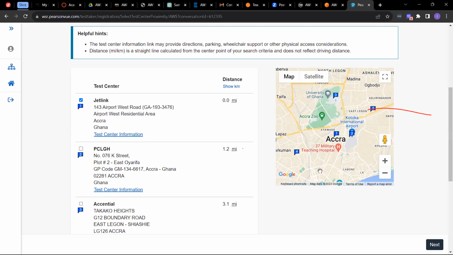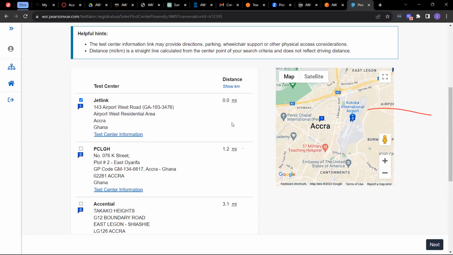You see that's the share ship place where it's one way. The share ship branch enters East Legon there. Yeah, that's that route.